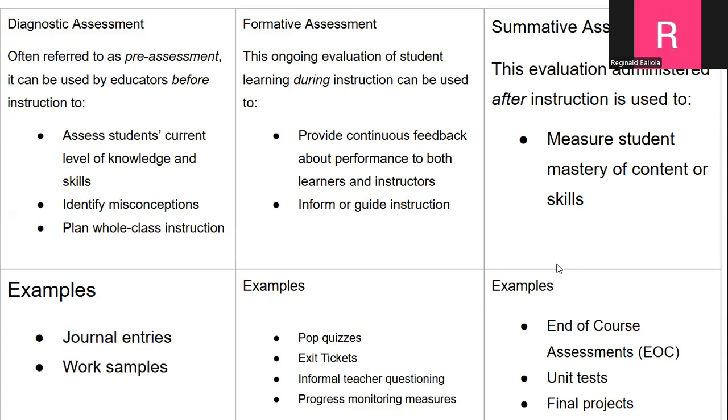And then we have our summative assessment. This evaluation, administered after instruction, is used to measure student mastery of content or skills. For example, we have our end of course assessments, so EOCs, unit tests, chapter tests, and final projects. So this is what shows us that the students are mastering and learning what we teach.